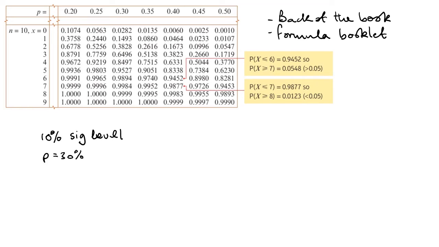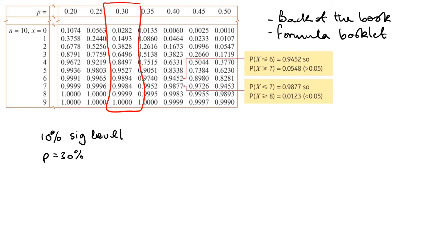And I'm looking for the observed values, the values of X that drop below 10%. Okay, so I'm going to be looking at this part of the table here.